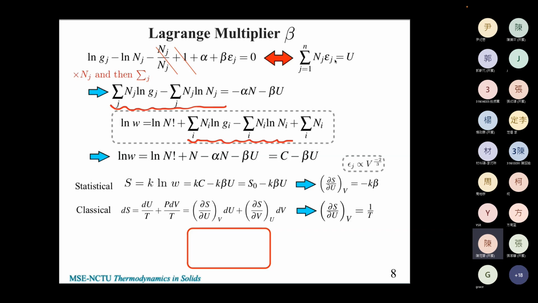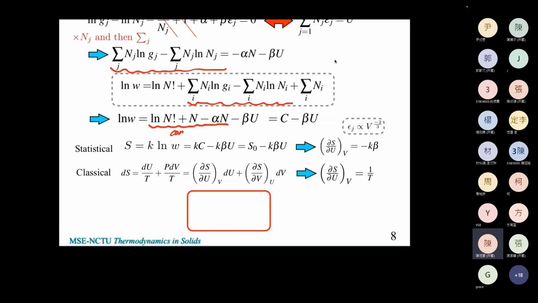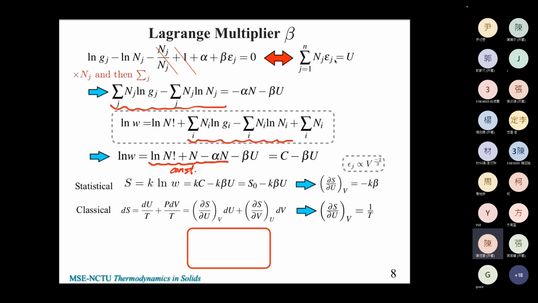So we can substitute: natural log W equal to natural log N factorial plus N minus alpha N minus beta U. And of course these are constant, because N is the total number of particles. So natural log N factorial plus N minus alpha N are all constant.